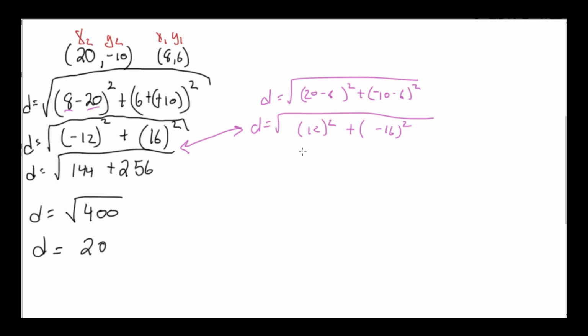Maybe because I was a little bit of a rebel in middle school. So now we have 144 plus 256. That's still going to lead to the square root of 400. There's the rebel coming out again. And my distance, again, is 20 units. So it doesn't matter. Go with whichever way you prefer labeling them.